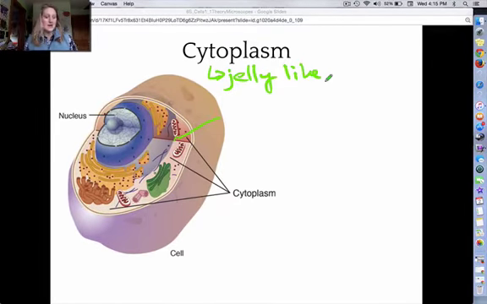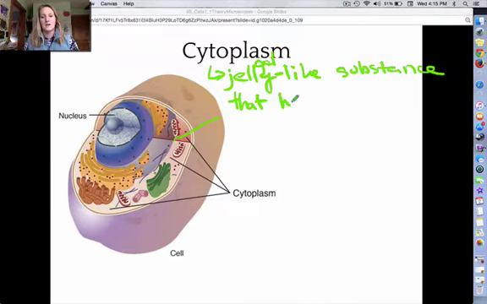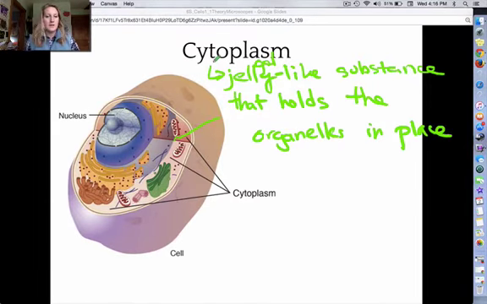But the cytoplasm is a jelly-like or a gel-like substance that holds all the organelles in place. So it's not just air or a vacuum in here. Okay, so cytoplasm is extremely important.